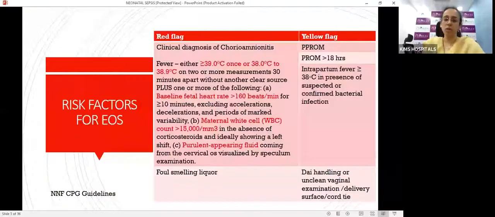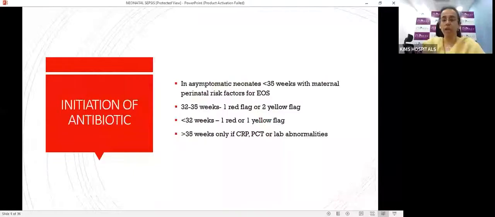Now, based on the gestation of the baby, we consider for babies who are asymptomatic and born less than 35 weeks with the above maternal perinatal risk factors for early onset sepsis. If the baby is more than 35 weeks, we should start antibiotics only if CRP or procalcitonin are elevated or any other lab abnormalities are noted, not for the baby who is just started on CPAP for respiratory distress syndrome.